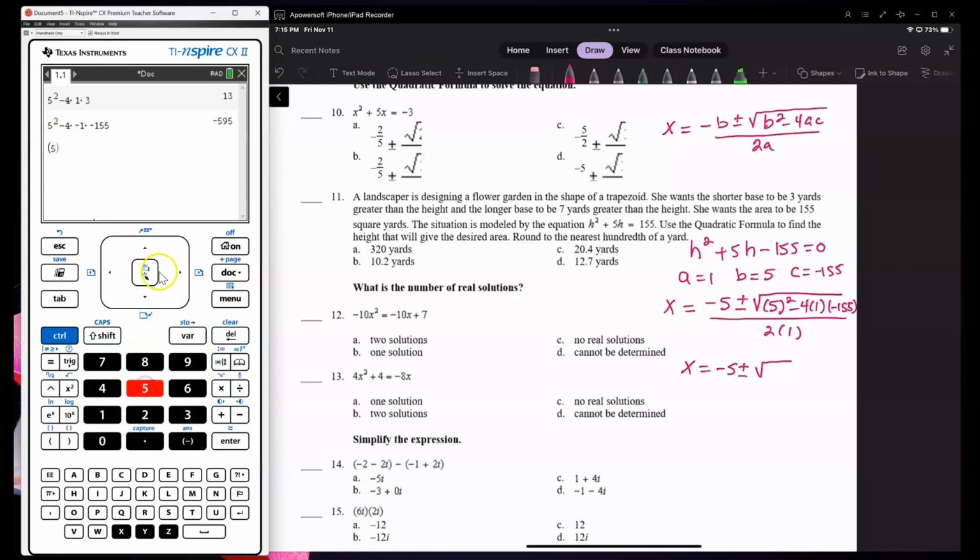Parentheses 5 squared minus 4 parentheses 1. Oh, I put a negative 1. That was my mistake. And then negative 155. That gives 645.